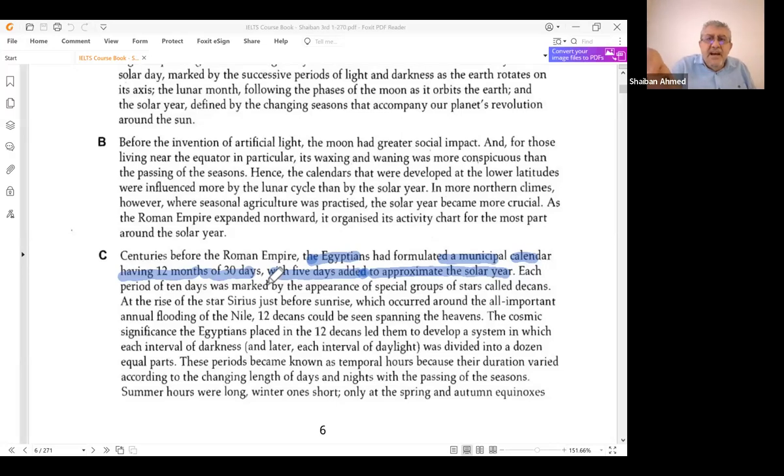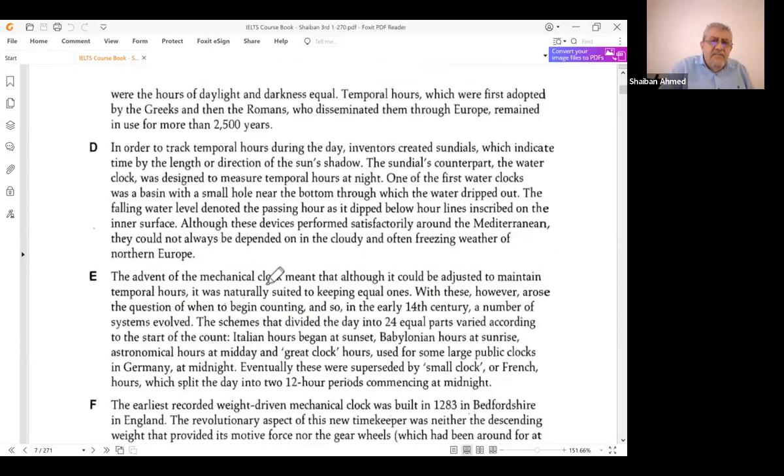So they decided 12 months, 30 days, and plus 5 days.